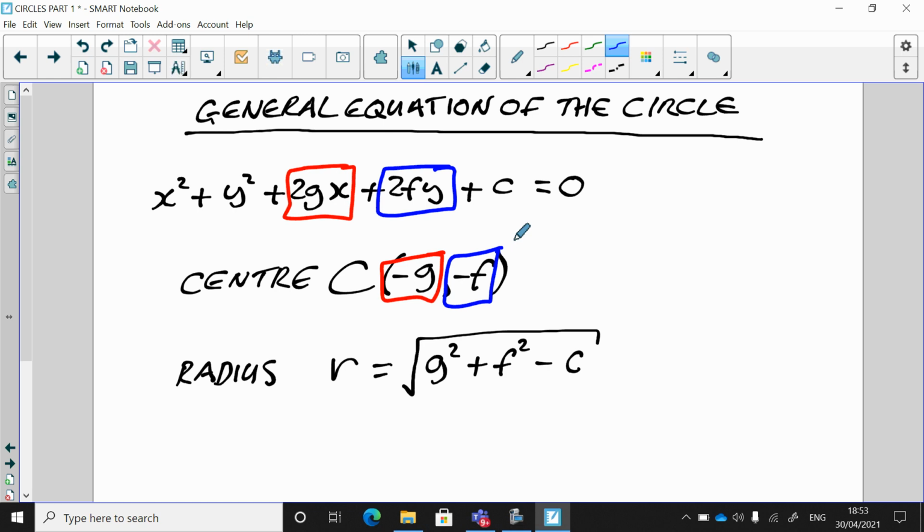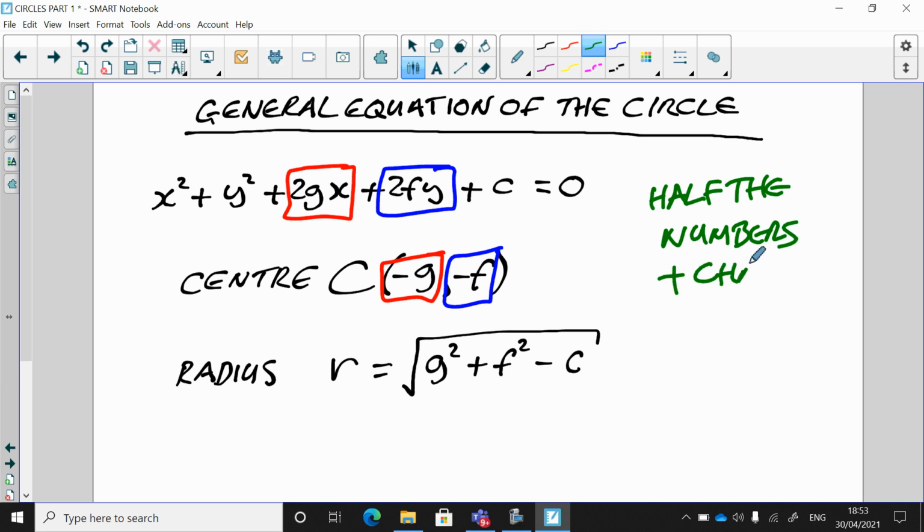to g and f. But what we do here is, you know, we got 2g there and we got single g there, 2f there, and negative f there. So what we're going to do is half the numbers and change the sign.